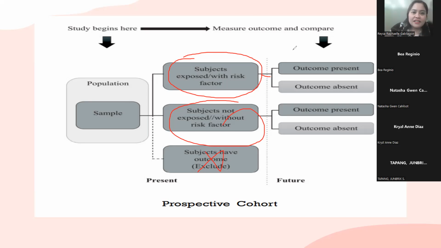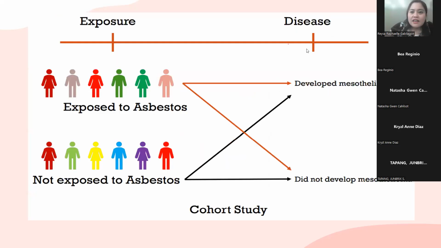Okay. So another example here of a cohort study, we have here exposure to asbestos. So asbestos here is a risk factor. They are one group here. They are exposed. They have the risk factor. And then we have another group na hindi na-expose sa risk factor. And then we will follow them whether in the future they will develop mesothelioma. Okay, that's the name of the condition.